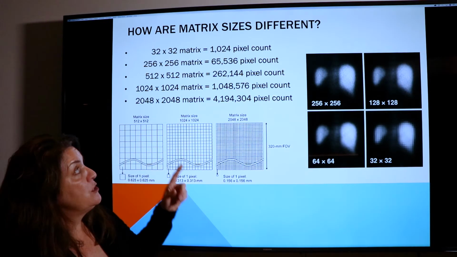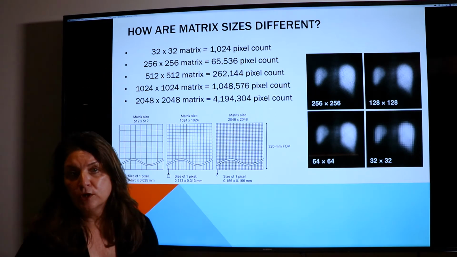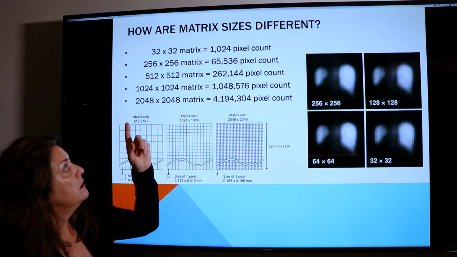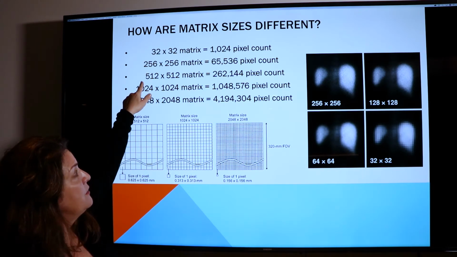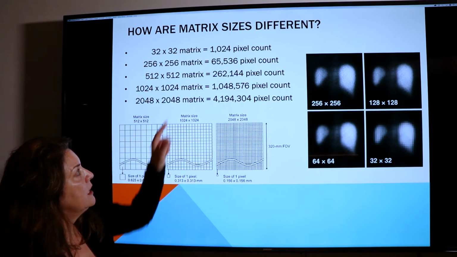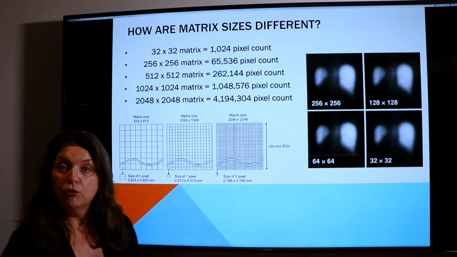So again, how are matrix sizes different? When we're measuring these, you have a 32 by 32 matrix. It has only 1,000 pixels. Compared to one that's 512 by 512, which is used in CT, it has 262,144 pixels.